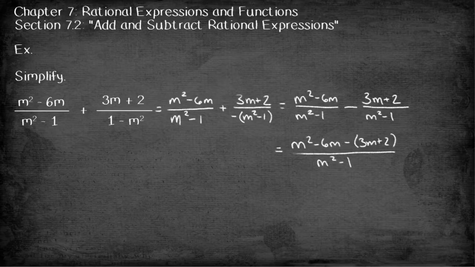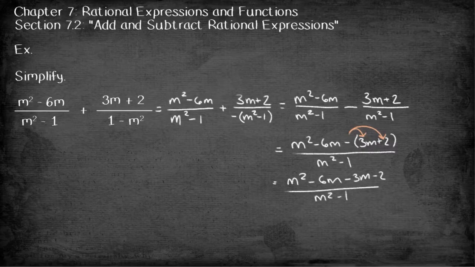Of course, I want to distribute my negative sign to get m squared minus 6m minus 3m minus 2 all over m squared minus 1, which simplifies to m squared minus 9m minus 2. And I don't think we can factor that numerator, so let's leave this as is. Call it simplified. We got other expressions to look at.